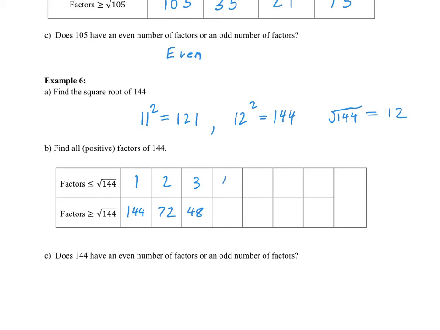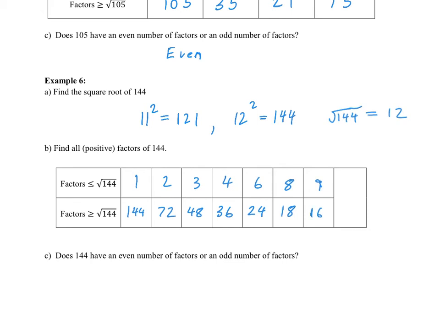If you try 4, that's another one that's a factor. 4 times 36 will work. 5 is not a factor, it doesn't end in a 5. 6 is a factor, 6 times 24 will work. 7 is a no if we test that one out. 8 is a yes. 8 times 18 gives me 144. Then 9 also works, 9 times 16.